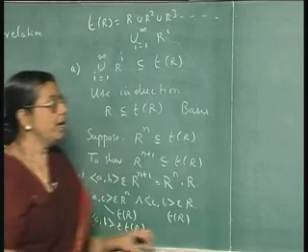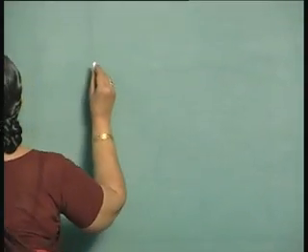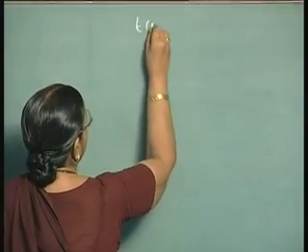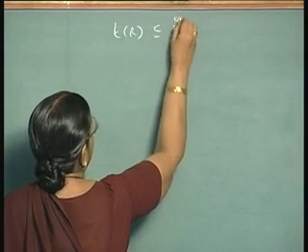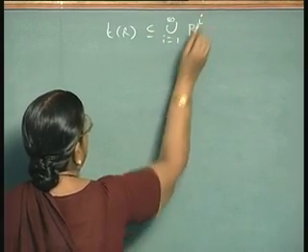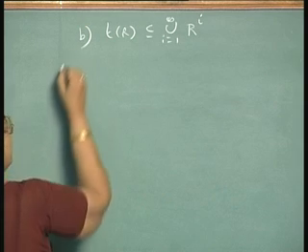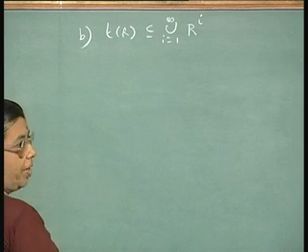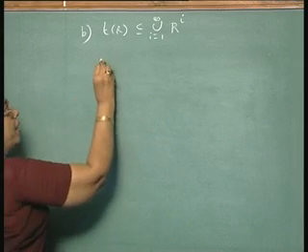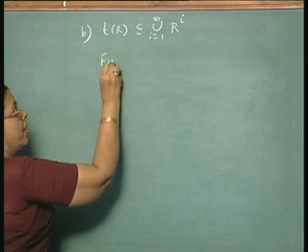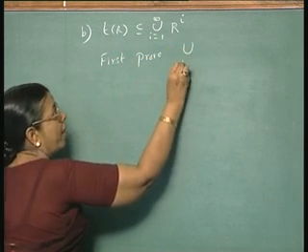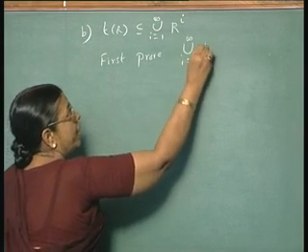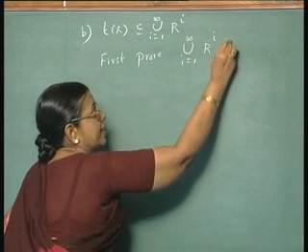The other way around, we have to show that TR is contained in the union over i equal to 1 to infinity of R^i. This is the second portion. How do you prove that? First we prove that the union over i equal to 1 to infinity of R^i is transitive.